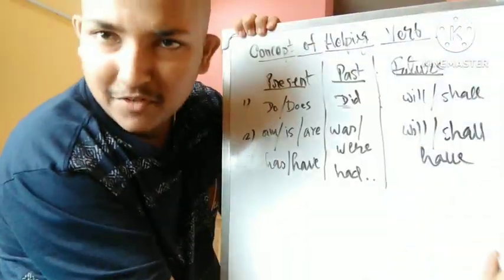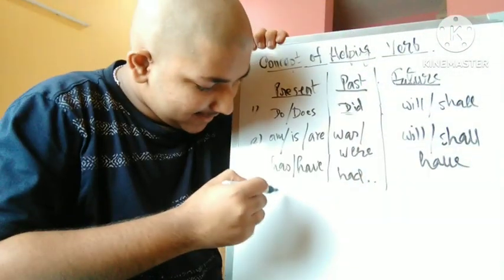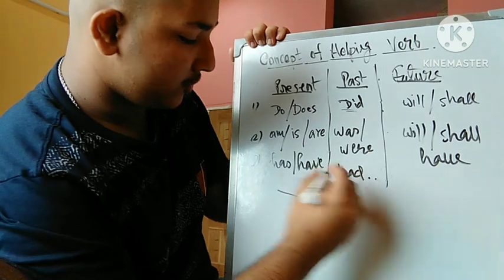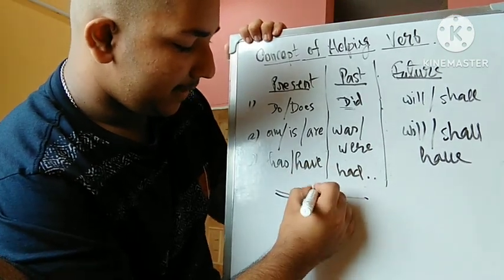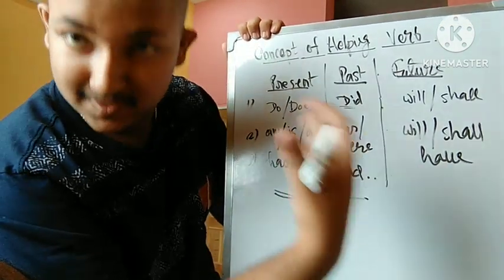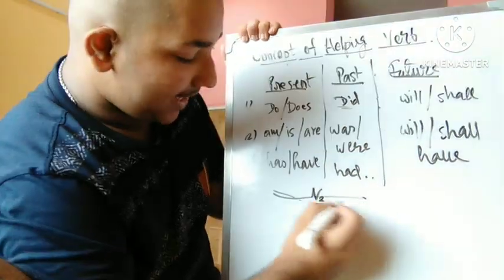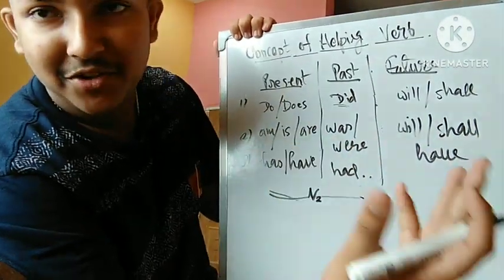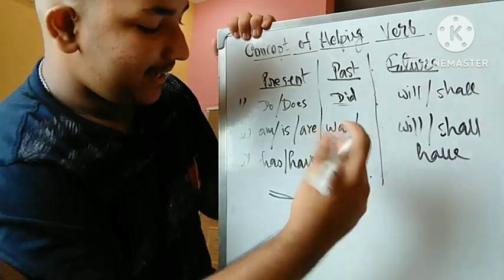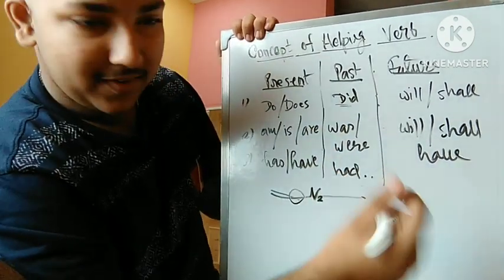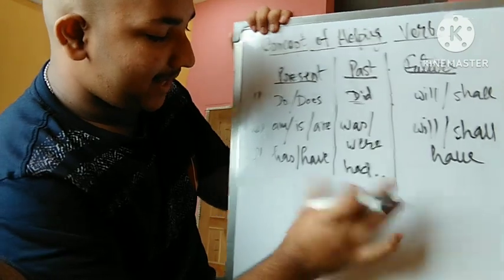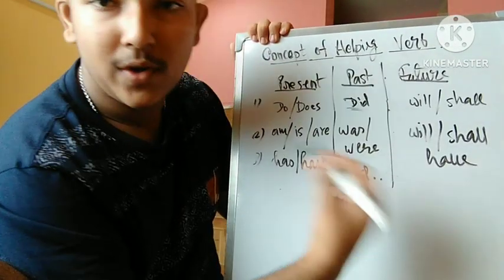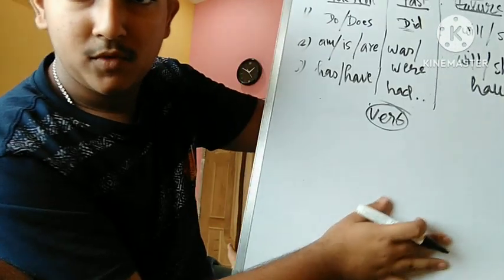So what is helping verb? Now in a sentence, any sentence always contains a main verb, and some sentences even carry what in professional language we call an auxiliary verb, or helping verb. The chart can be like this: we can classify verb into two parts.